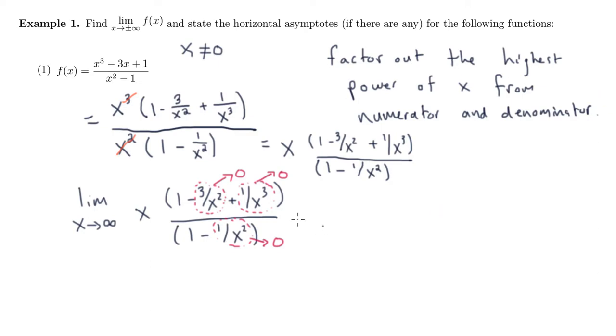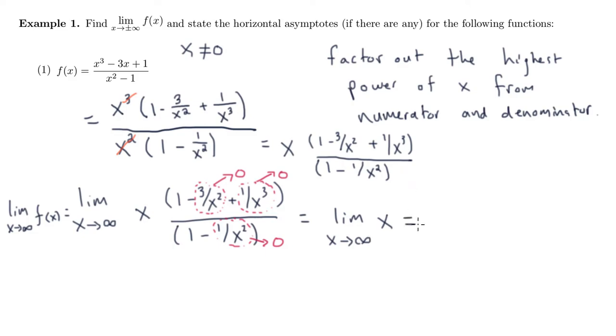So this is really equal to, just applying the limit laws, the limit as x goes to infinity. And of course, all of this is equal to the limit as x goes to infinity of f of x. Okay, so all I'm left with is just x.